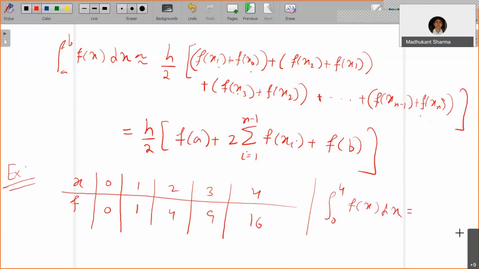So analytically, the antiderivative of x square is x cube by 3. If I take the analytical solution from 0 to 4, 0 gives no contribution, only the upper limit, so 4 cube by 3 is going to be about 21.33.